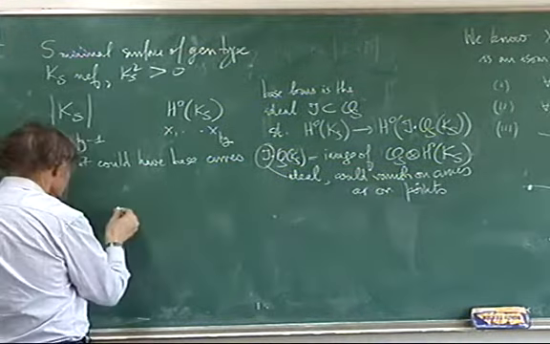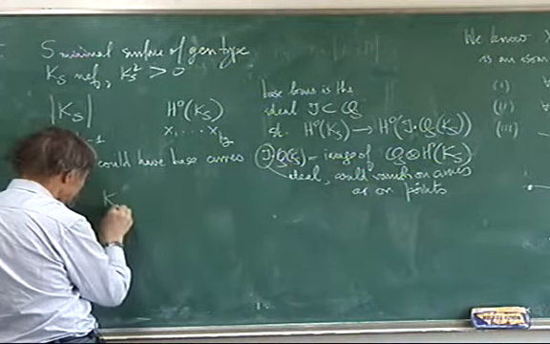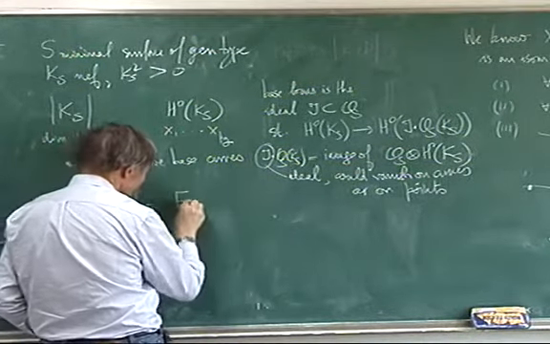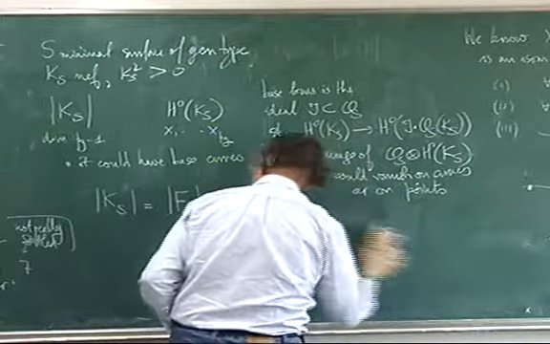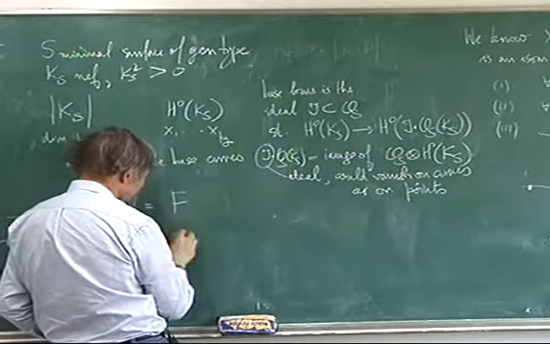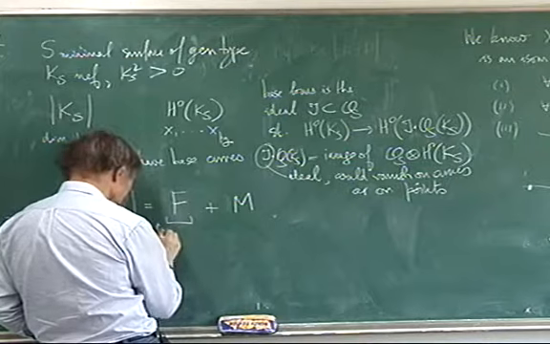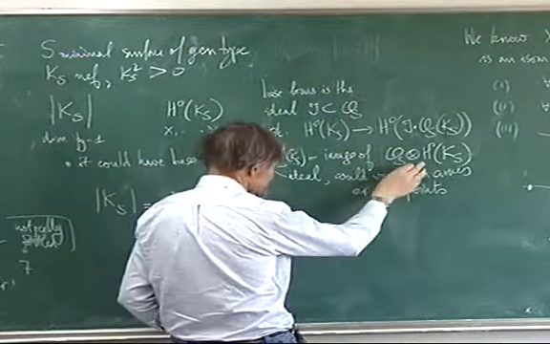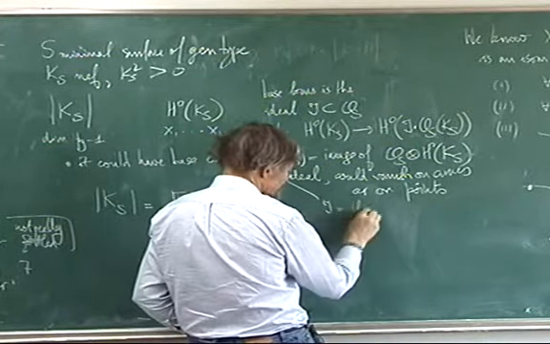And then how am I going to say this? I'm going to say, suppose that K_S is a linear system, a fixed part plus a mobile linear system. This is the first thing we do, F plus M. So this is the fixed part. In other words, I'm thinking that this I here is the ideal of the base locus.